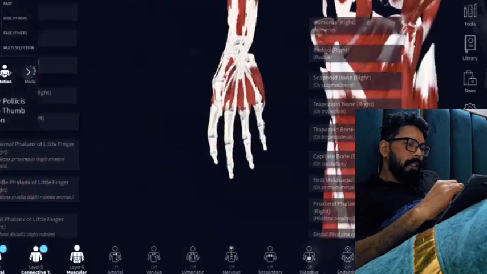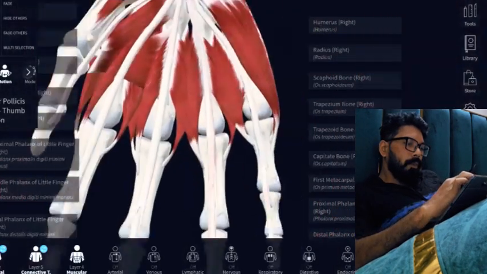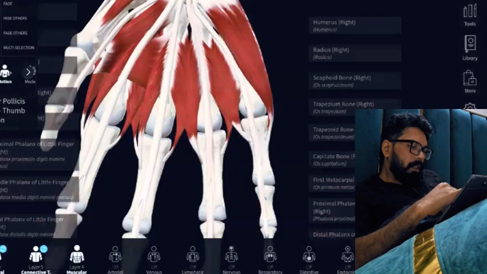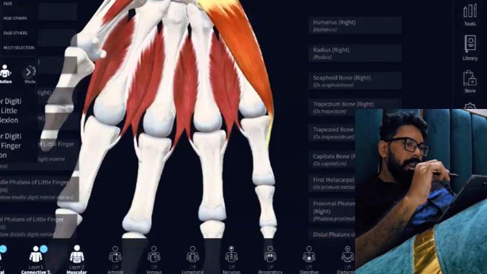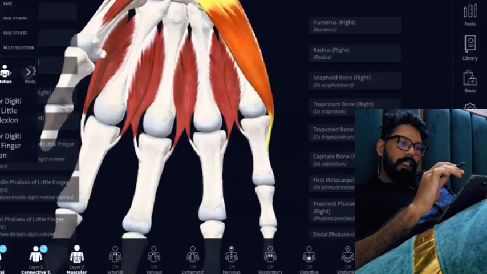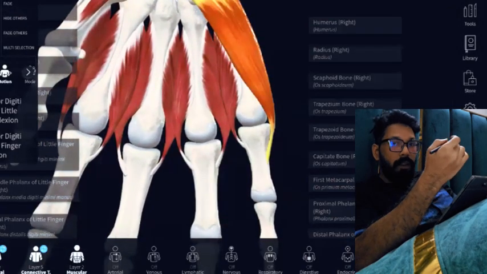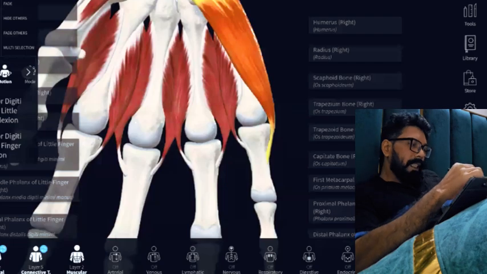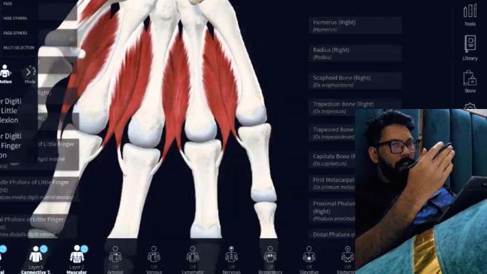Now, what are the other muscles you need to know? Almost all of the muscles we have covered. Don't worry about it. Now we will just see. Okay. So this is our abductor digiti minimi. Not important. Just know the name, from the hypothenar eminence. Then we have flexor digiti minimi.